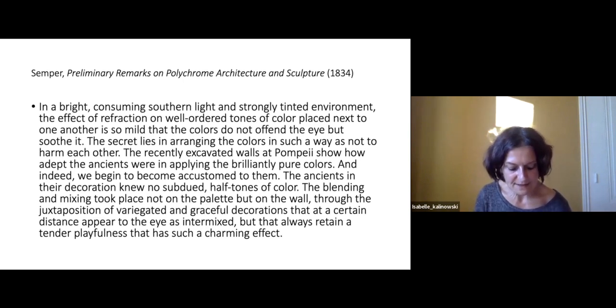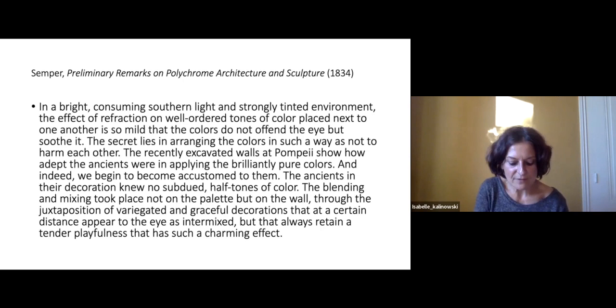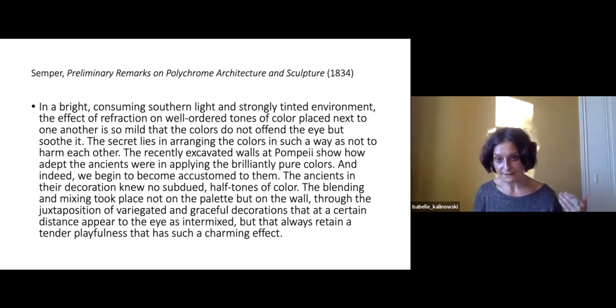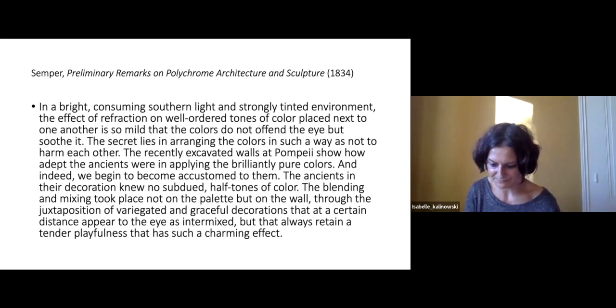The blending and mixing took place not on the palette, but on the wall, through the juxtaposition of variegated and graceful decorations that, at a certain distance, appear to the eye as intermixed, but that always retain a tender playfulness that has such a charming effect.